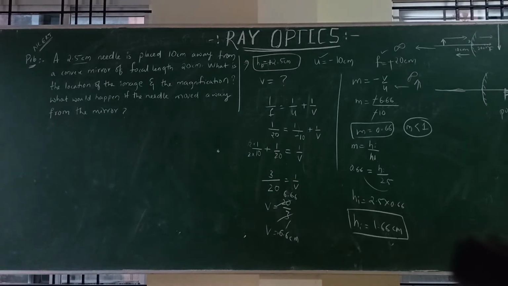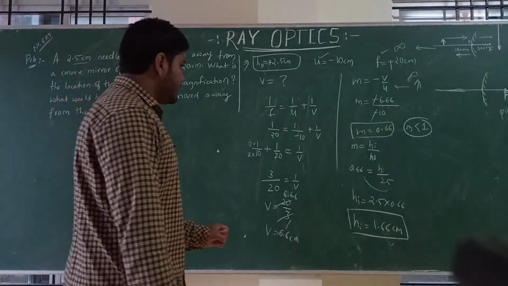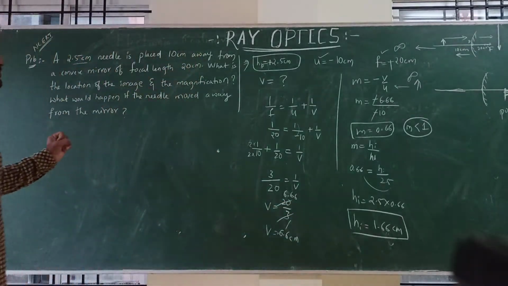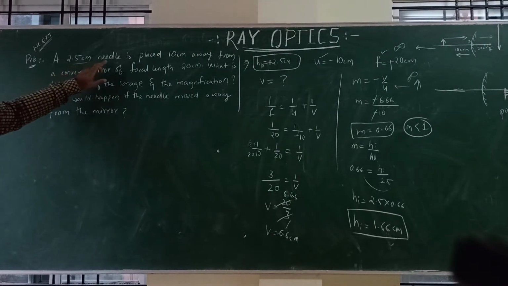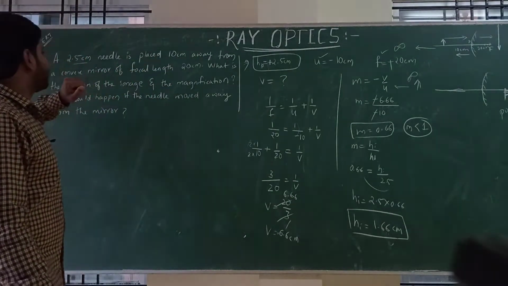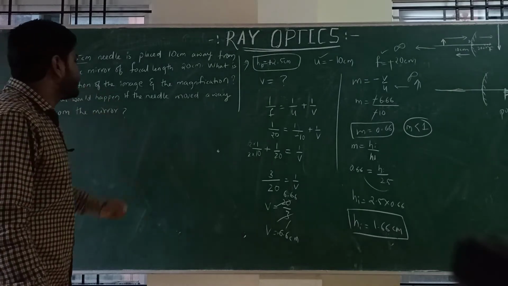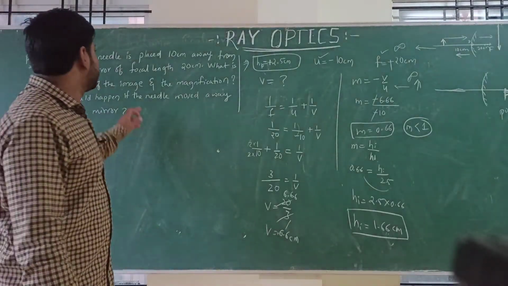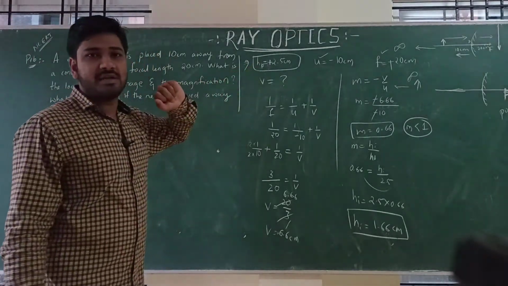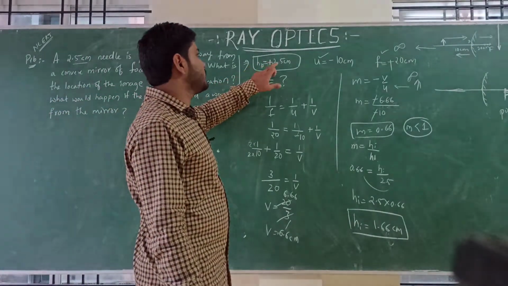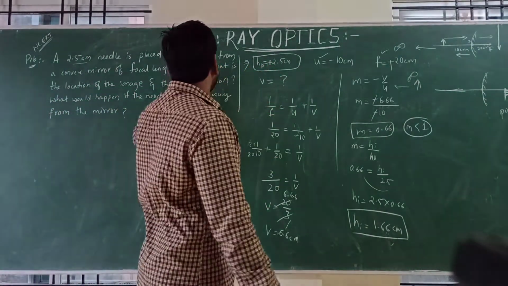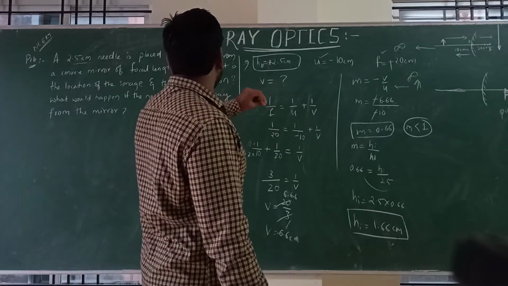So one more time I will explain it. Okay, let's start. A 2.5 centimeter needle is placed 10 centimeter away from the convex mirror. What is 2.5 centimeter needle? Height of the needle he has given, height of the object is 2.5 centimeter, placed 10 centimeter away from the convex mirror.